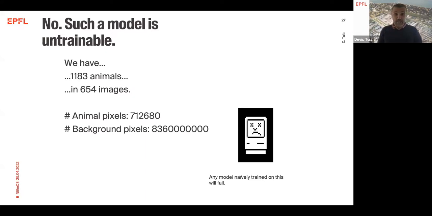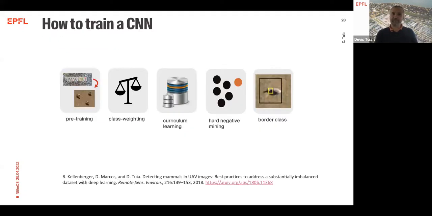So in a way, we have a little bit more than 500,000 animal pixels, but we have several billion background pixels. So it's very difficult for a machine to learn what an animal looks like when we have so many confounding factors that can be trucks, vegetation, rivers, logs, and you name it.